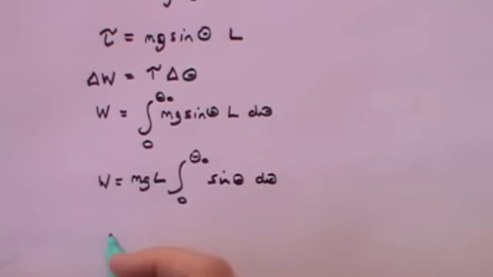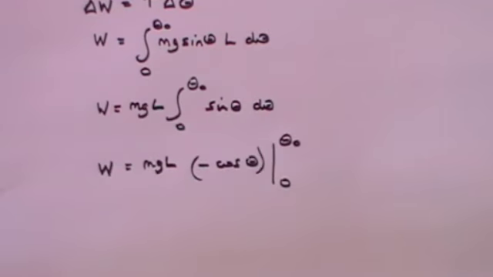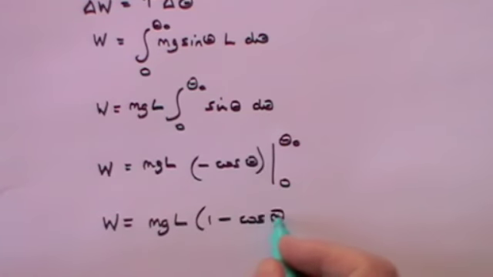The integral of sine theta is minus cosine theta, and so we get that the total work done is mgL multiplied by minus cos theta evaluated between naught and theta naught. And when you put that into the equation, you get that the work done is mg capital L into 1 minus the cosine of theta naught.